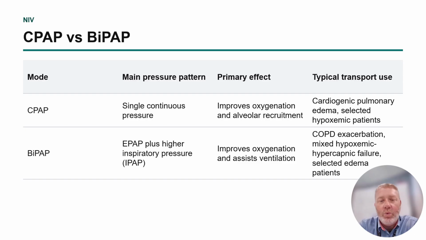And when a patient is on BiPAP, we adjust the difference between the two pressures to either provide more ventilation, more support, or less ventilation, less support, to help correct the ABG and get it back into normal range. And we'll do that a bunch going forward.